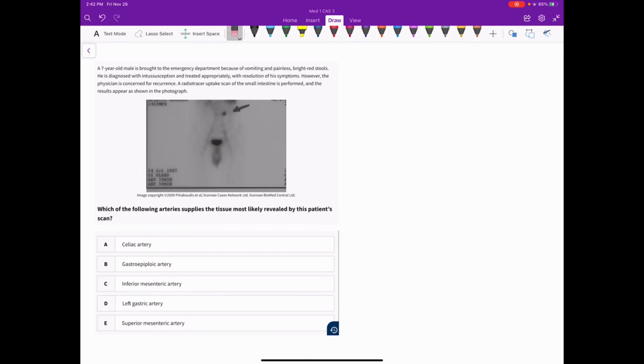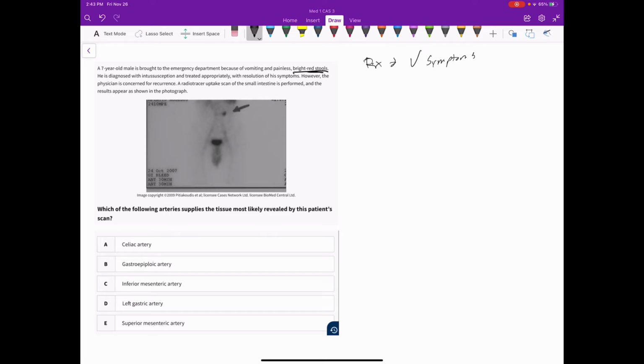Okay, a 7-year-old male is brought to the emergency department because of vomiting and painless bright red stools. We said bright red stools were from the lower GI tract, right? And dark red was from upper GI for the most part. He is diagnosed with intussusception and treated appropriately with resolution of his symptoms. So whatever the treatment was, it treated his problem, so it helped him.